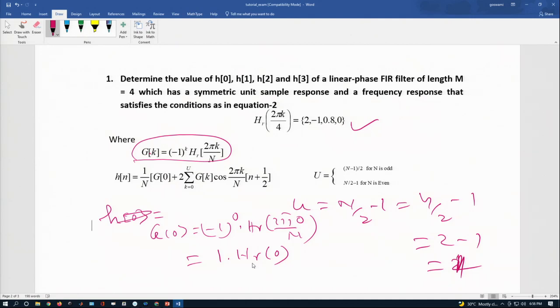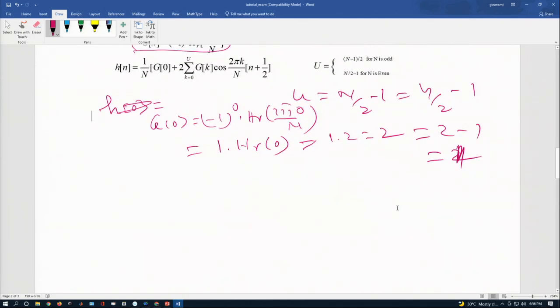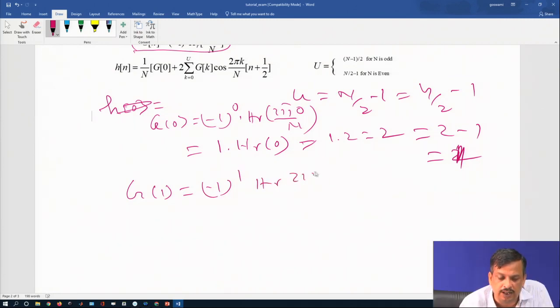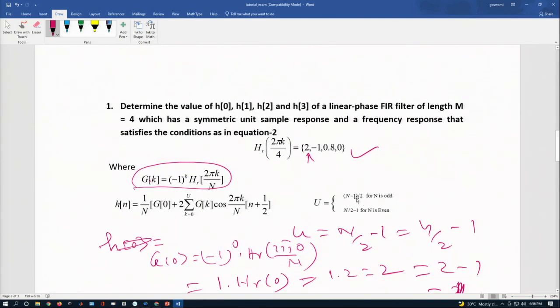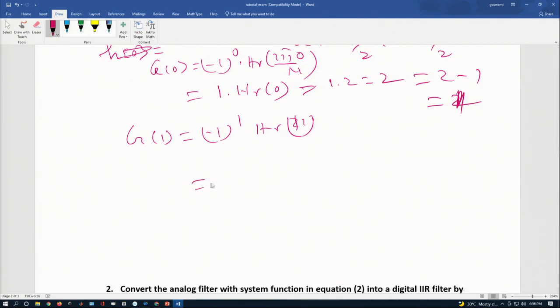What is the value of HR0? It is 2. So 1 into 2 is equal to 2. Then what is G1? It is minus 1 to the power 1 into HR at 2 pi by 4, so k equal to 1, HR1. HR1 is minus 1, so I can say it is minus 1 into minus 1, which is 1.